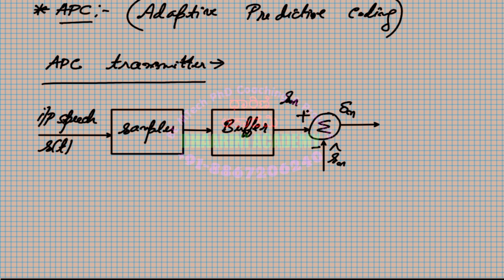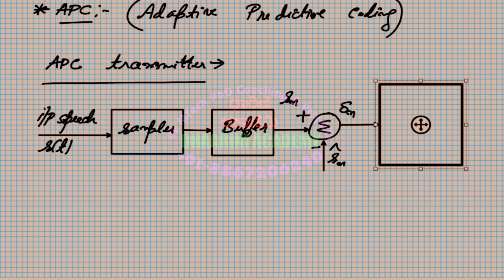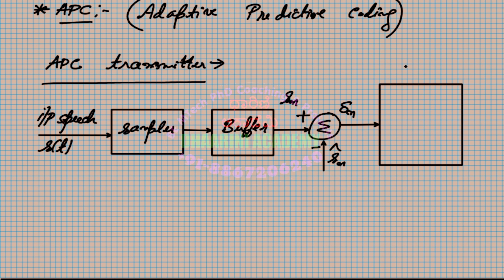Now the output of this has to be connected to a quantizer. We are following the same rule here. I'll use a slightly bigger block here to represent the quantization. Let me write the name here: this is a 2 level quantizer.